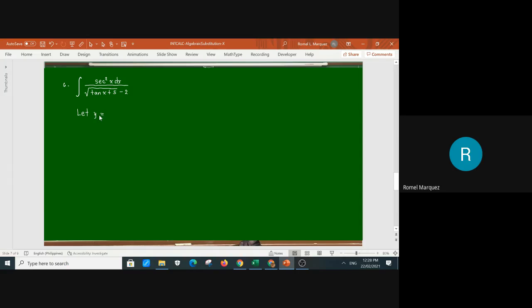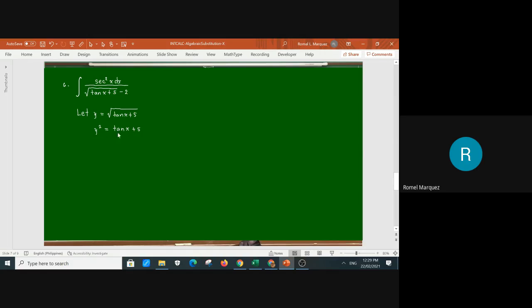We agree to use y, so don't get away from that variable. Squaring, we get y squared equals tangent x plus 5.